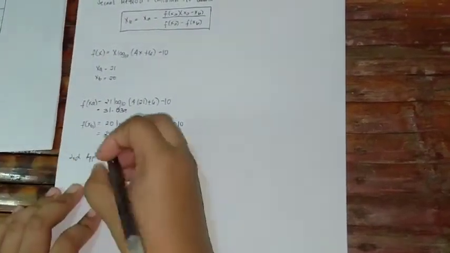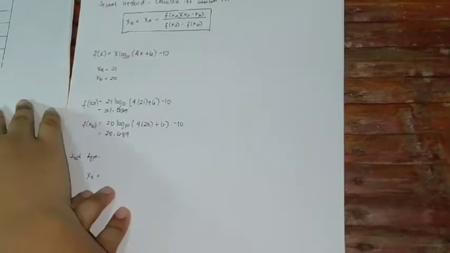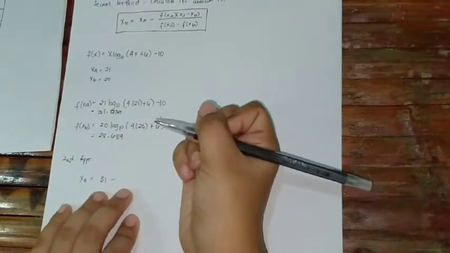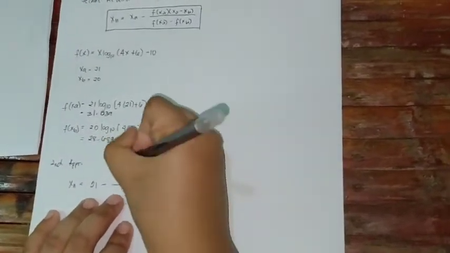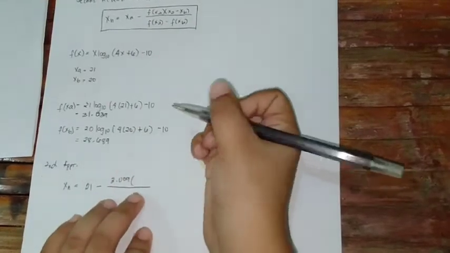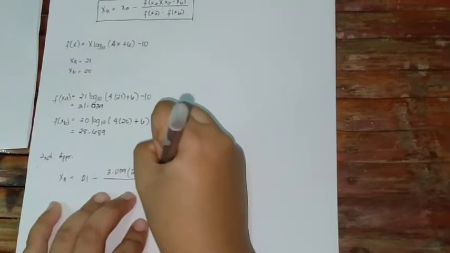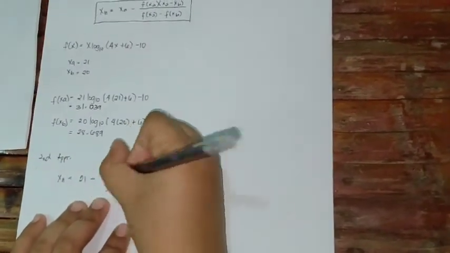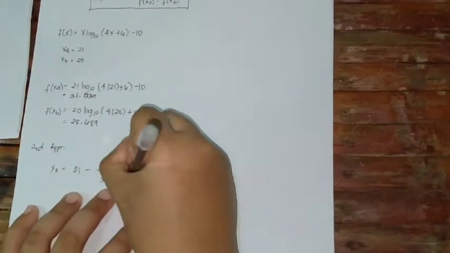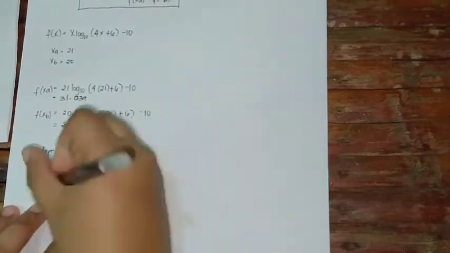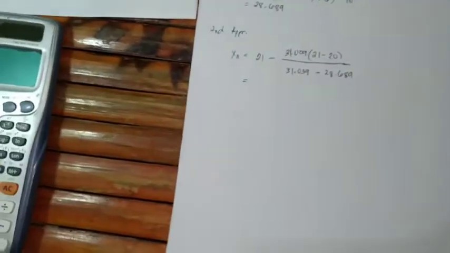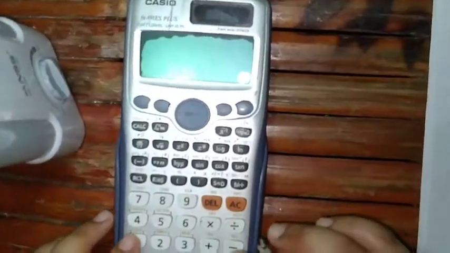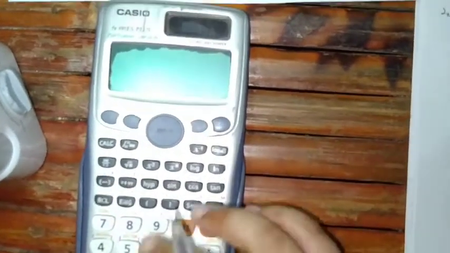And then for the second approximation, we're now going to use the formula of the secant method. So we have x_n = 21 - 31.039 multiplied by (21 - 20) over (31.039 - 28.689).